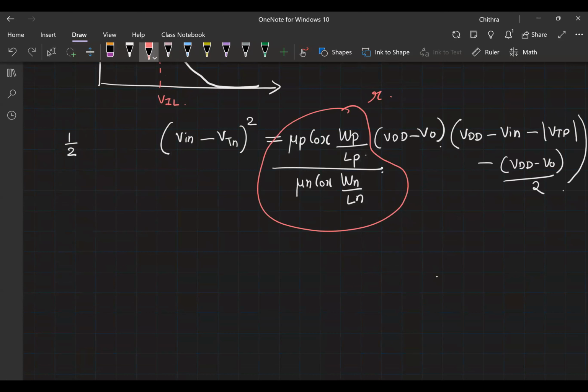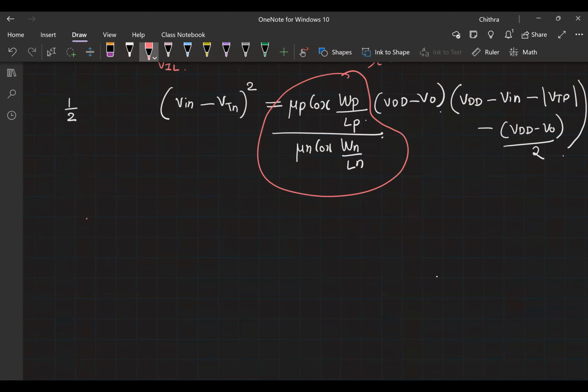Can you differentiate this? Differentiate this, substitute dV0 by dVin to be equal to -1, Vn equal to VIL, and V0 equal to VO1. And tell me what expression you get for VIL.